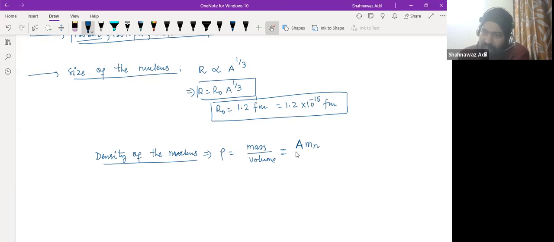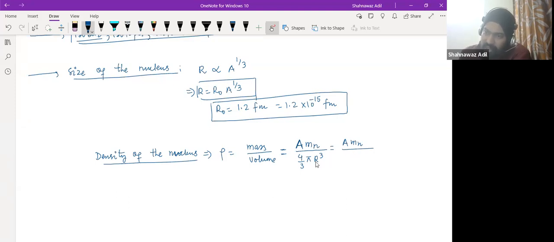And then you divide it by the volume. So the volume would be 4 by 3 pi r cube. And if you write this down, this is A, and this is Mn, right?